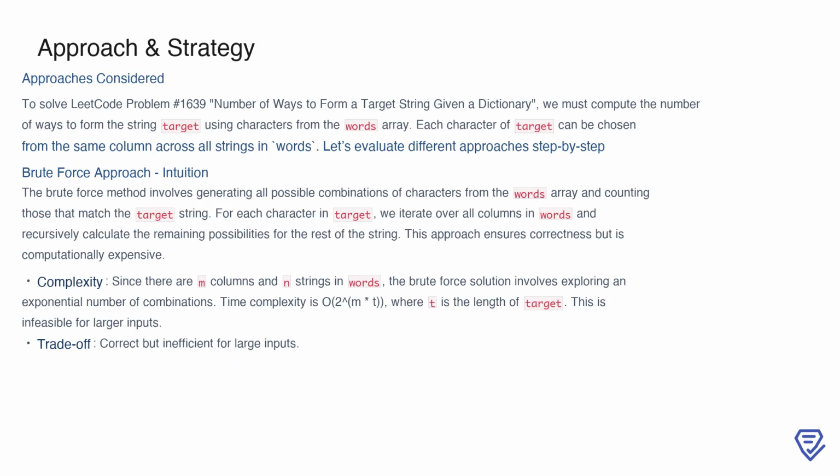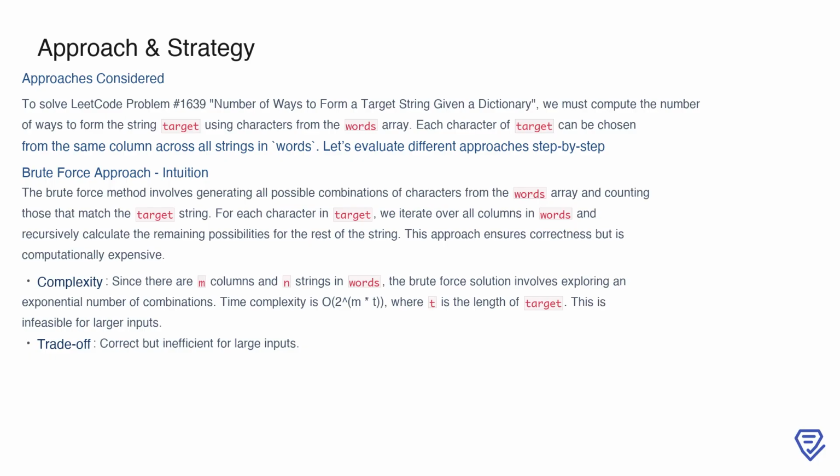To solve this problem, we need to determine how many ways we can form the target string using characters from the words array. Each character in the target string can be chosen from the same column across all strings in the words array. One possible approach is the brute force method. The intuition here is to generate all possible combinations of characters from the words array and count the combinations that match the target string.